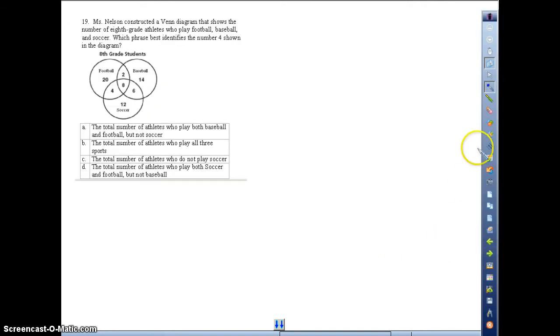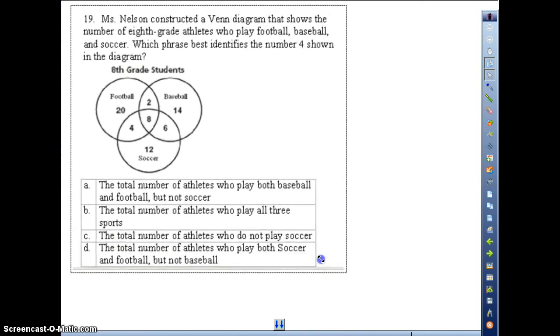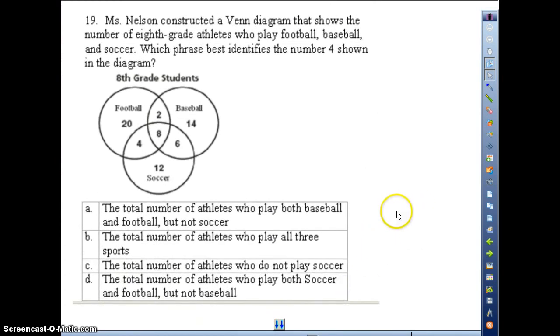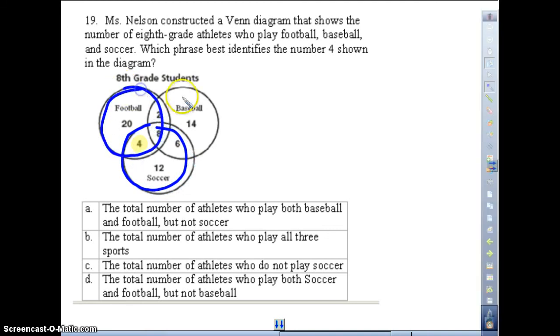19. Miss Nelson constructed a Venn diagram that shows the number of 8th grade athletes who play football, baseball, and soccer. Which phrase best identifies the number 4 shown in the diagram? That one right there. Do you see how 4 falls in the overlap of that circle and that circle? But it's not part of this circle, okay?